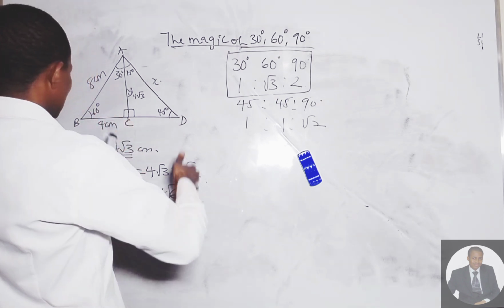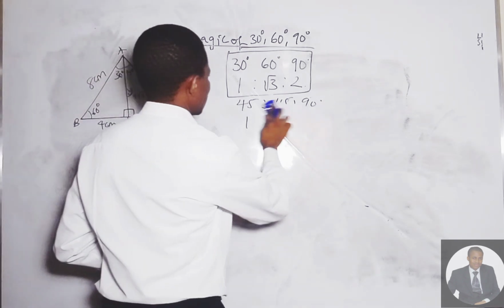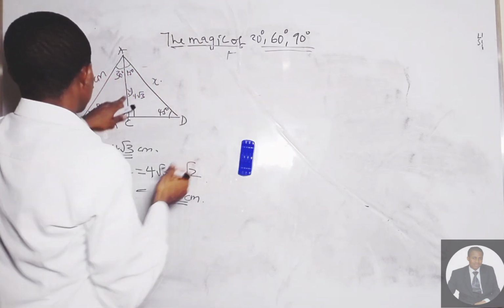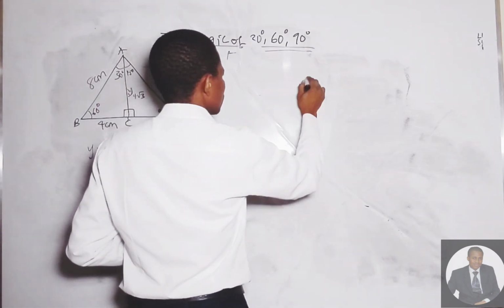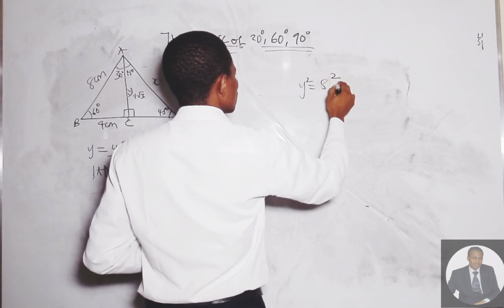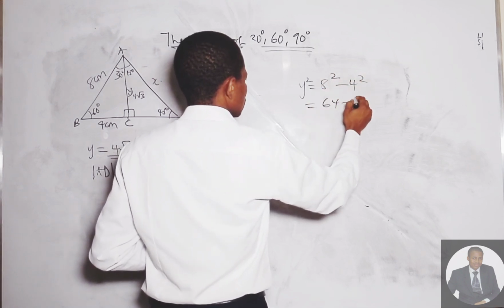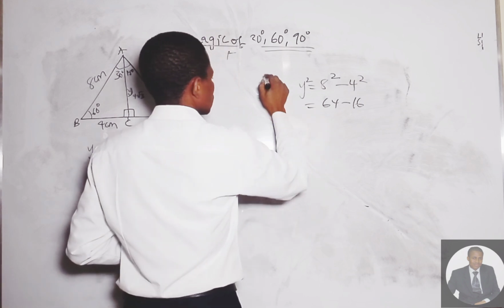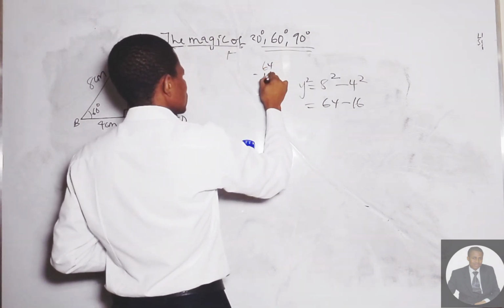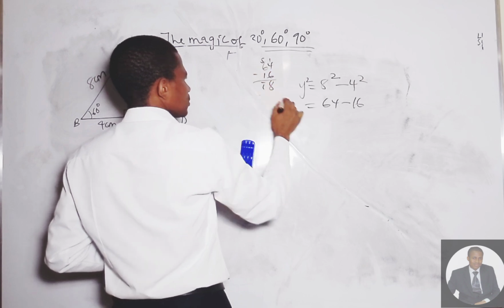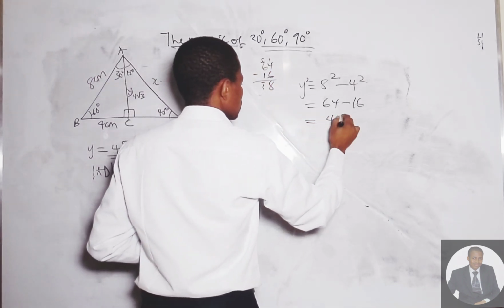Let's check whether we are right or wrong. Let's assume we are looking for y. Y under Pythagoras theorem gives us 8 squared minus 4 squared. That's 64 minus 16, which is 48.